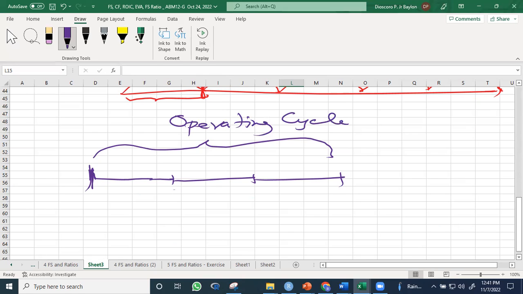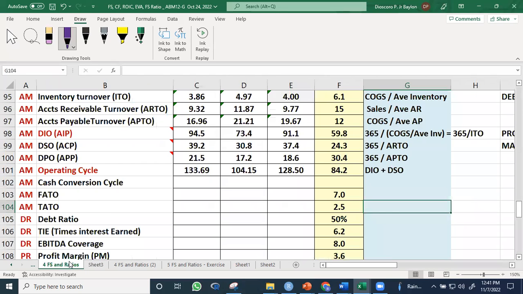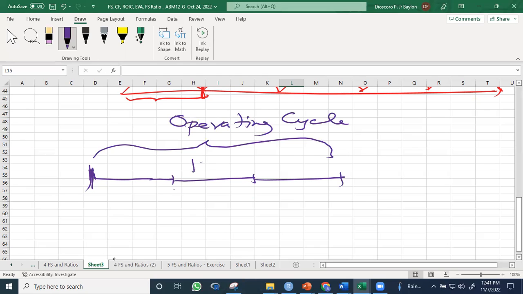Okay? So tayo, ang operating cycle natin, ilan? 134 days, approximately. Okay? Bili ng raw materials, convert to finished products, and benta, and then collect.